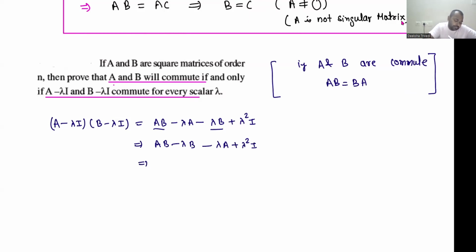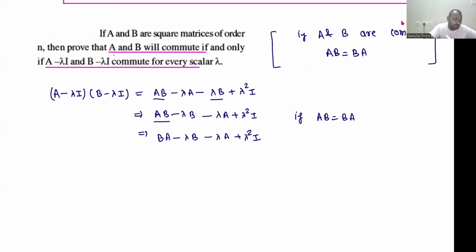If AB equal to BA, then in place of AB we can write BA minus lambda B minus lambda A plus lambda square into I. If AB equal to BA, A and B commute.